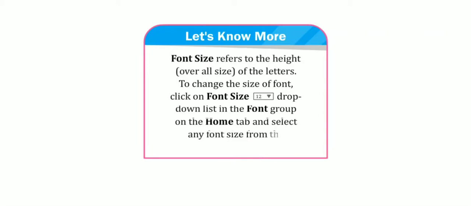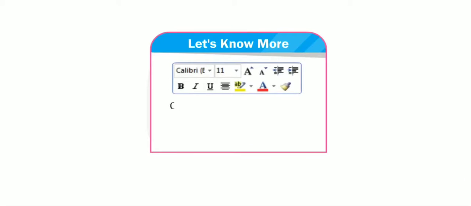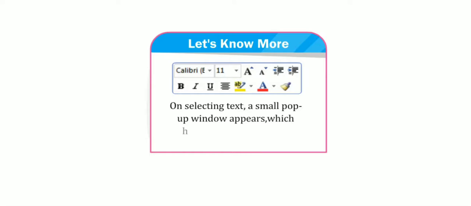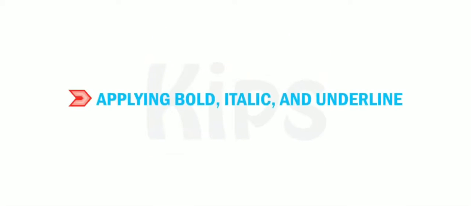So there are many options available to change the size of your font. One more thing: on selecting the text, a small pop-up window appears which has the basic formatting command buttons, that is called a shortcut box, that will come in Word 2007 and Word 2010.